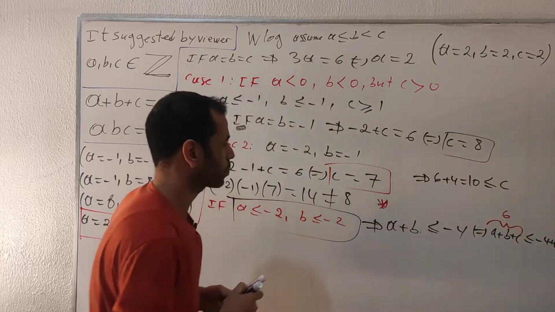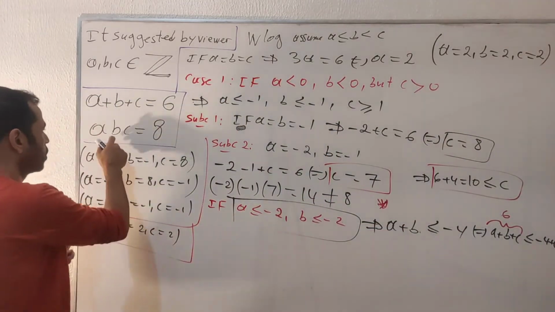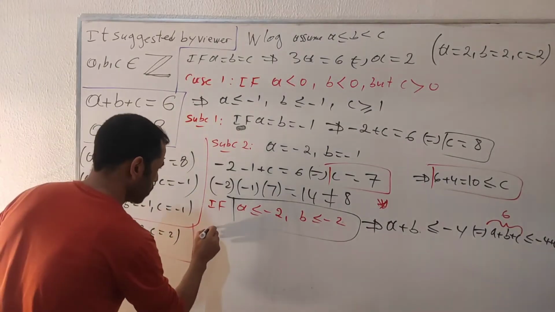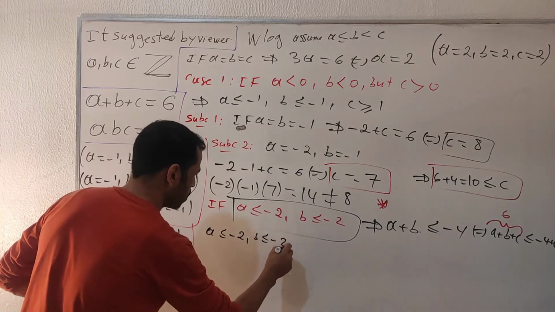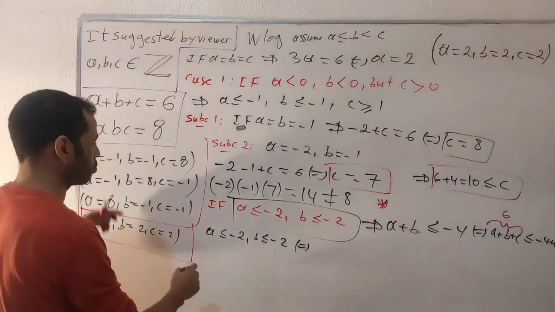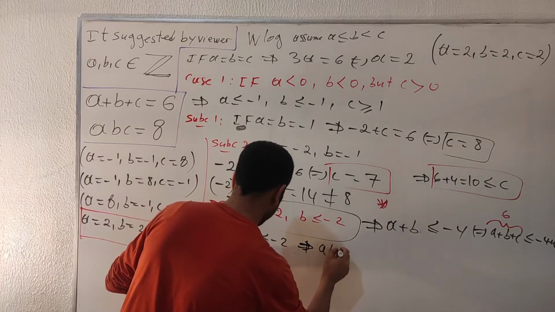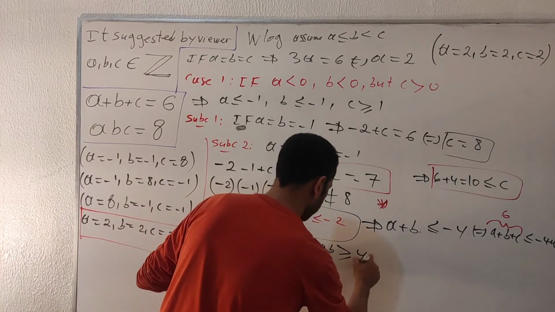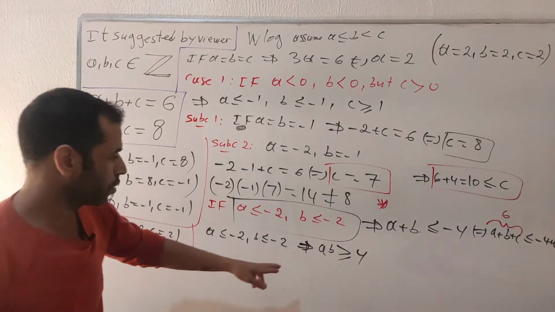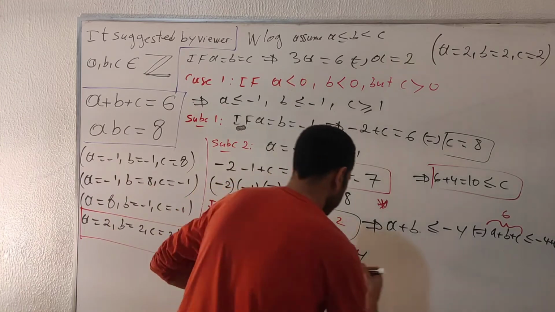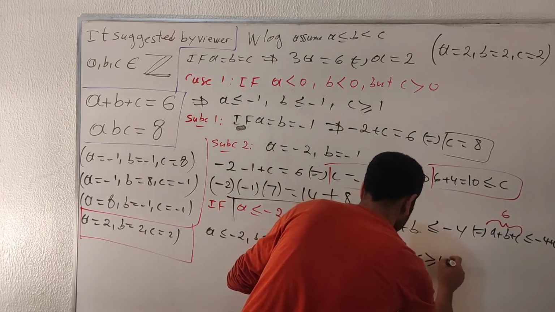I'm going to pick up this fact and use it in the second equation. We know A is inferior to -2 and B is inferior to -2. The product A multiplied by B is superior to 4, because both of them are negative. Then I'm multiplying both sides by C. I get ABC is superior to 4C.